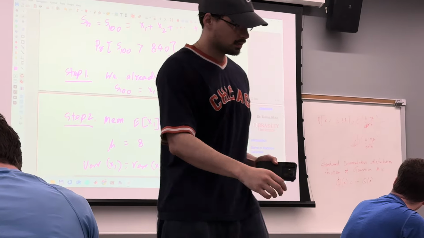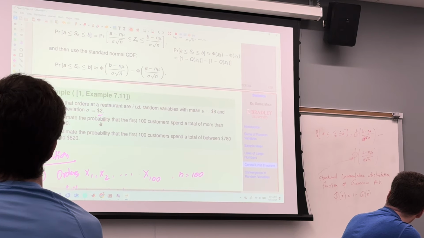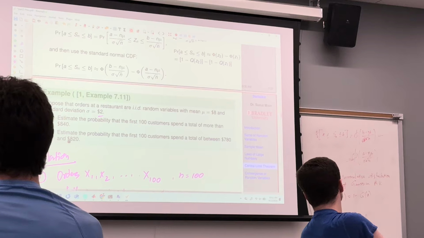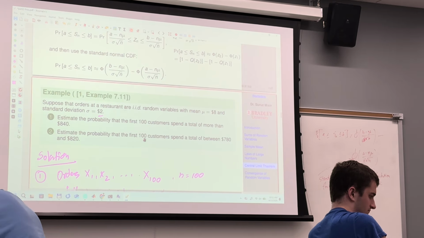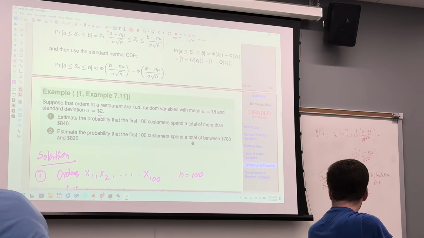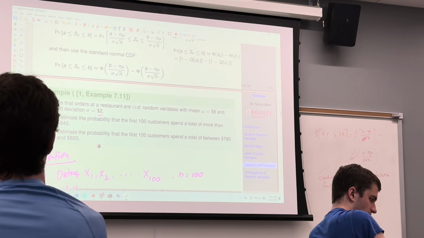So we now know how to use the central limit theorem to find the probability. Here is another version of the problem where we want to estimate the probability that the first 100 customers spent a total of between $780 and $820.